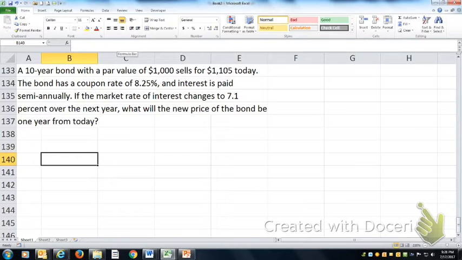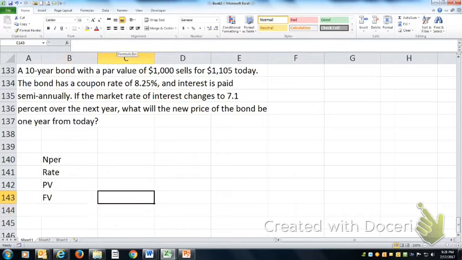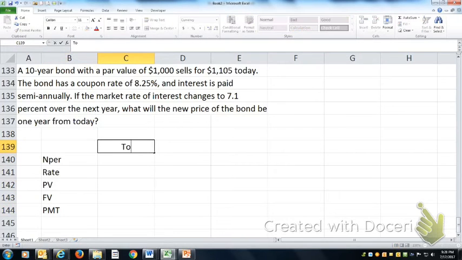Alright, so we can go ahead and plug in what we know: number of periods, rate, PV, FV, and PMT. I know that today it has 10 years to go and 2 payments a year.